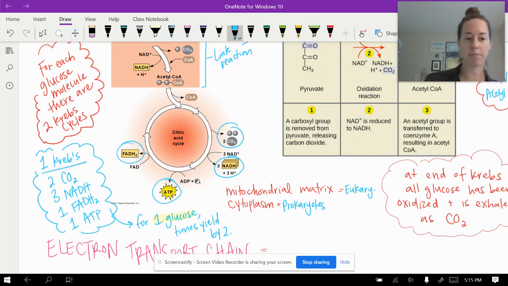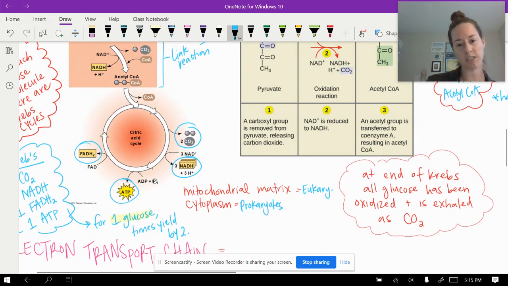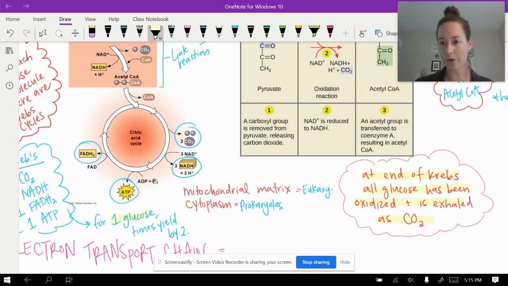Okay, and then here's my favorite Krebs cycle fact, which is that at the end of the Krebs cycle, all of the glucose has been oxidized and actually is exhaled as carbon dioxide. So when you're exhaling right now, you're actually exhaling the food that you ate earlier today or yesterday, depending on when you're watching this video.